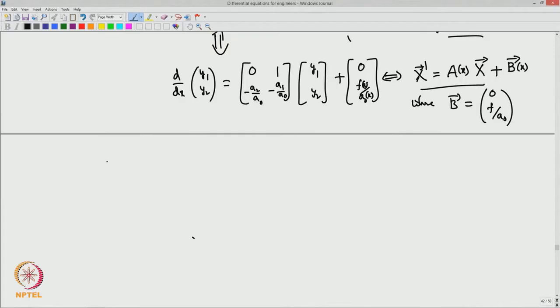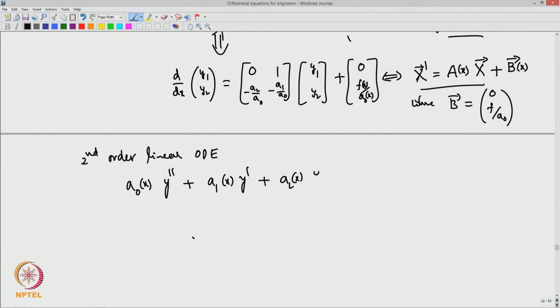Let the second order linear ODE be a naught x y double dash plus a1 x y dash plus a2 x y equal to b x. So, x belongs to the domain I, some interval in the real line.